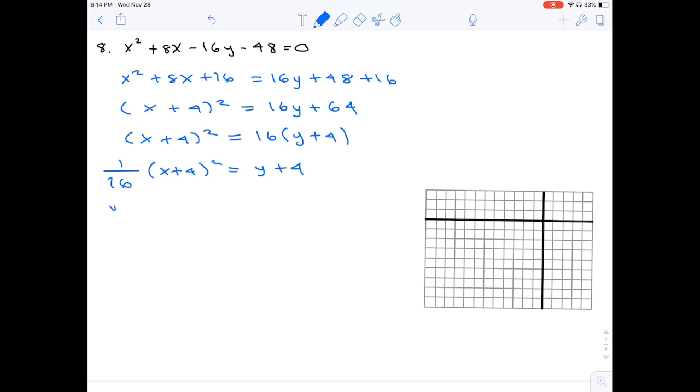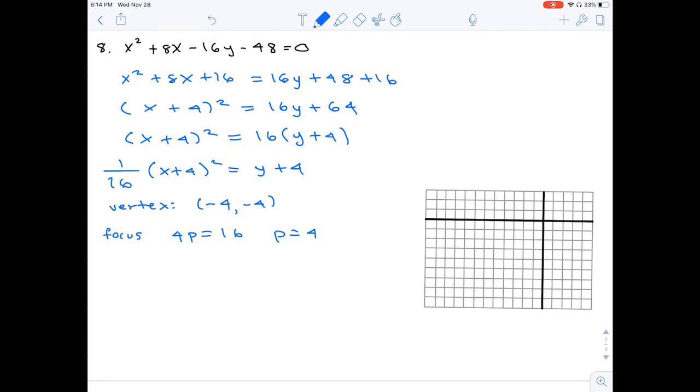Vertex is located at negative 4, negative 4. That's a terrible comma. Let's clean that comma up. And the focus, I'm going to set 4p equal to 16. So p equals 4.